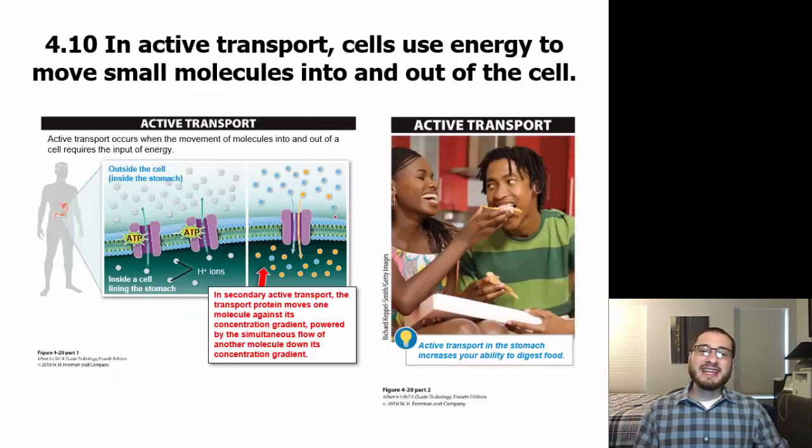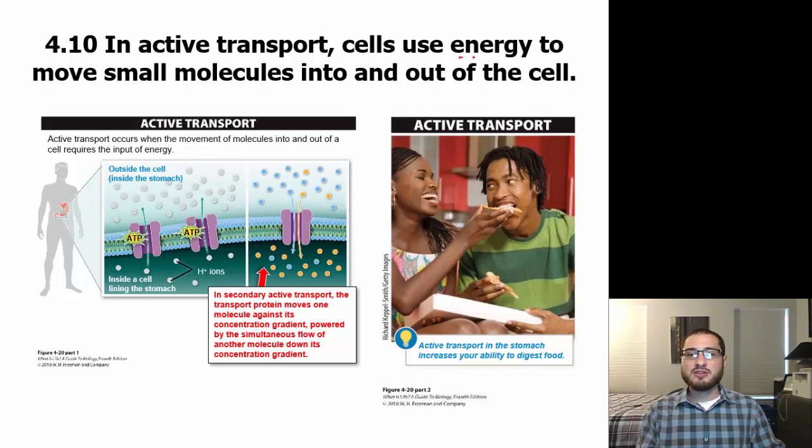So we have passive transport, and then we also have active transport. So as much as there's simple diffusion and facilitated diffusion within passive, we also have the flip side of passive, which is active transport, and this uses energy.